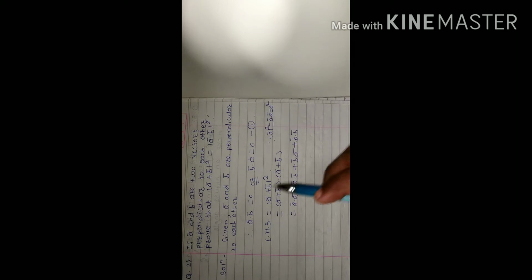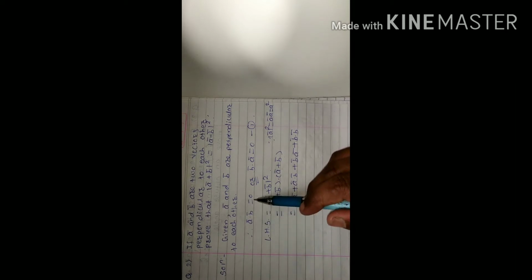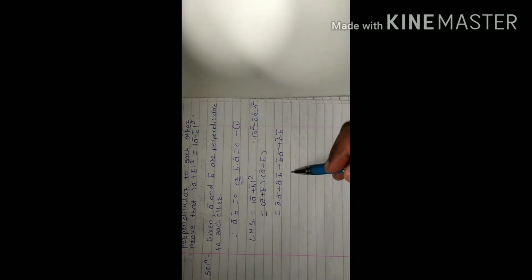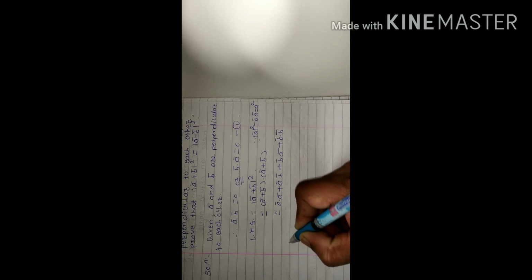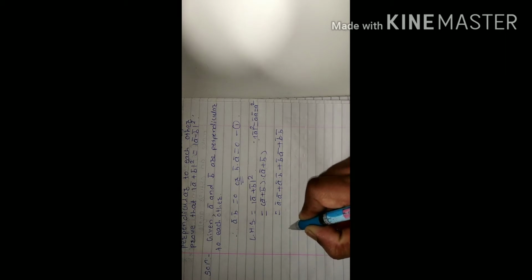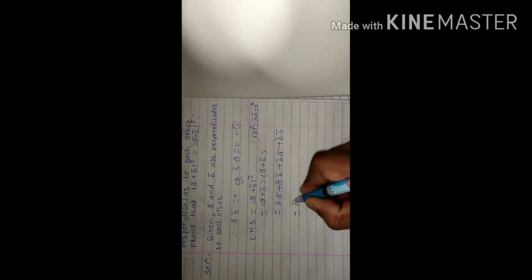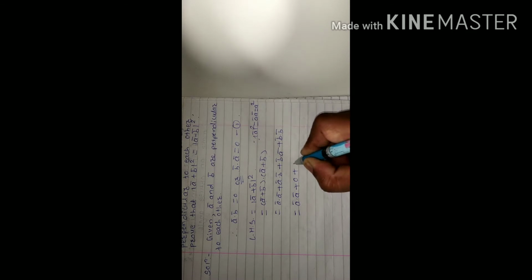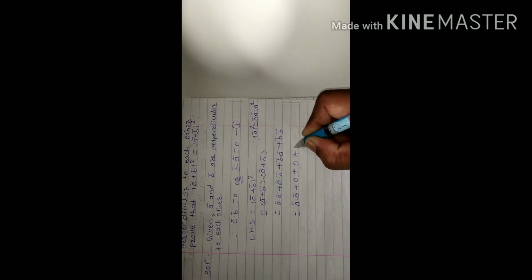From equation first, we know that a bar dot b bar is equal to 0, or b bar dot a bar is equal to 0. Therefore, we put this value in the above equation. Then we write is equal to a bar dot a bar plus 0 plus 0 plus b bar dot b bar.